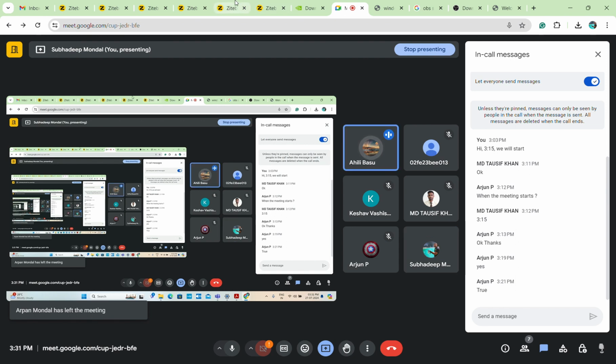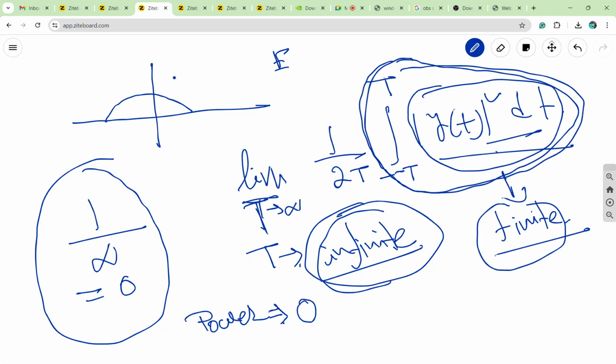Sir, the energy is integral from minus infinity to infinity of y(t) whole square dt, and then you said the power is calculated by taking the signal over a particular time interval minus T to T, and then we do 1 by 2T. Why are we doing that? So in general, why is the formula for energy the integral of y(t) square dt, and why is the formula for power 1 by 2T times the integral of y(t) square dt?